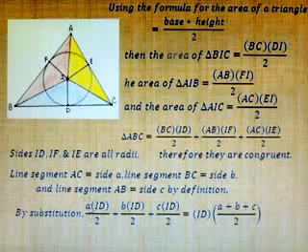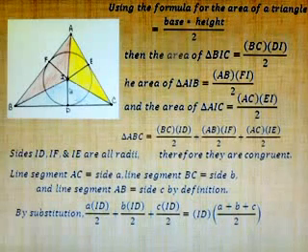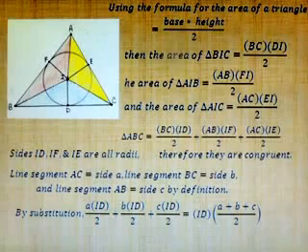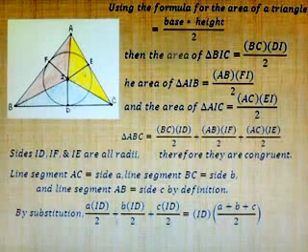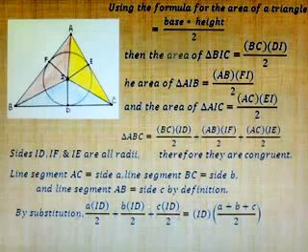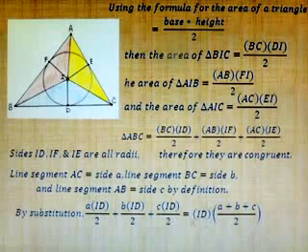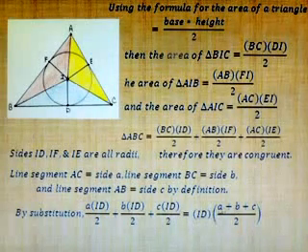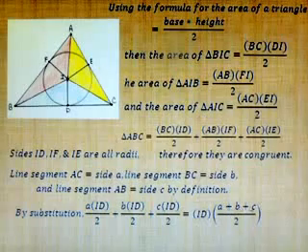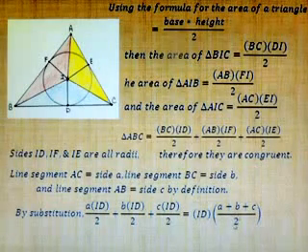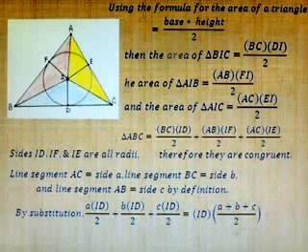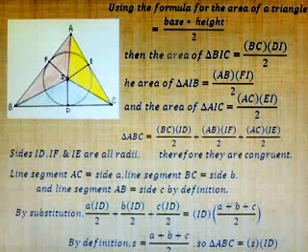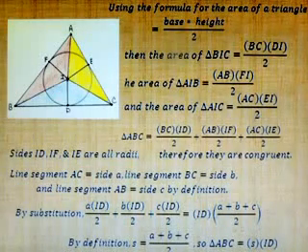So if we take side A times ID, side B times ID, and side C times ID, add them up, we can factor out our radius, ID, and we're left with side A plus side B plus side C divided by 2, and that looks familiar. That is our semi-perimeter, so this equals S.